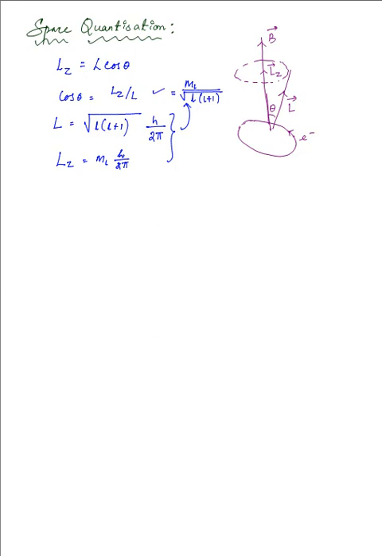Now since for a given l there are 2l plus 1 possible values of ml, varying from 0, then plus minus 1, plus minus 2, and it carries on right up to plus minus l.